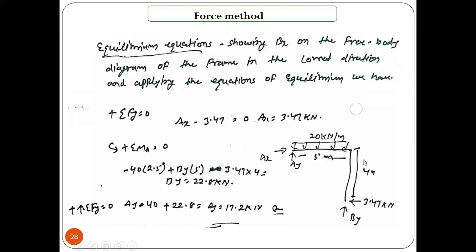Please check this value, take the moment about this point. So that will be 20 into 5 into 5 by 2. I think there should be a correction, it should be 100 here. So you can calculate these values and you will get the answer.